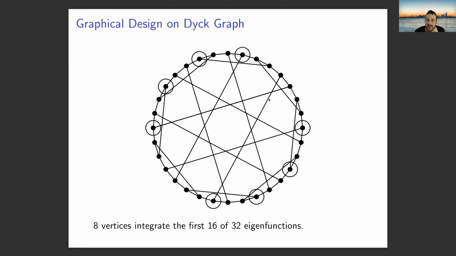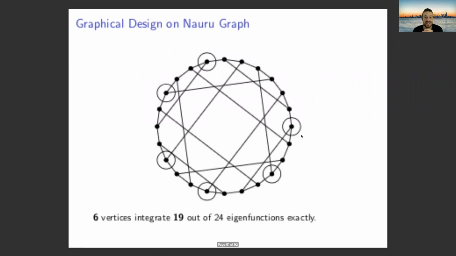If you look carefully, you can see something funny, which took me weeks to realize. Each vertex is either in the design or it's distance 1 from exactly one element in the design. If you take this one, it's a neighbor to this one. And this one's adjacent to this one and no one else. It's very funny. And they tend to do stuff like this.